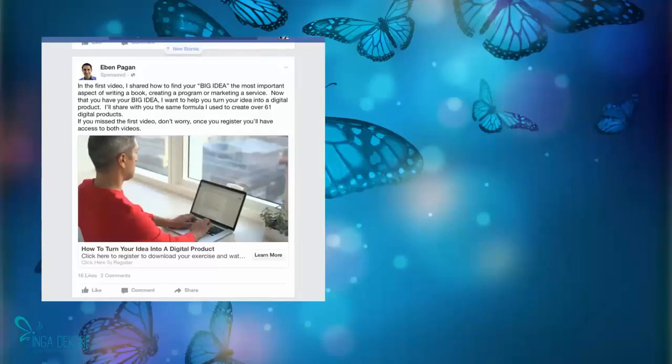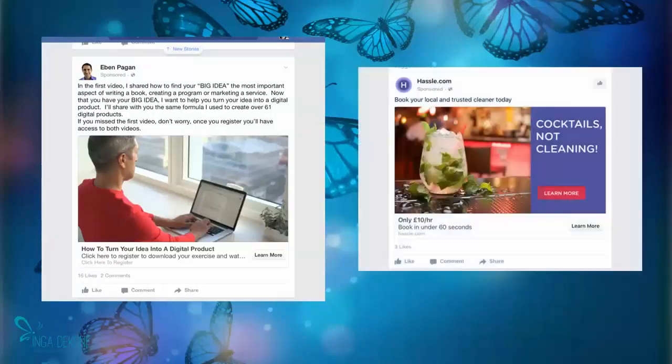One of the ways you can stand out of the crowd is to have some bright spots in the picture. Like in this case, it's a red top, or it can be some lovely picture like cocktails. And here it's also a combination with an unusual thing, because it is a cleaner ad and they talk about cocktails.